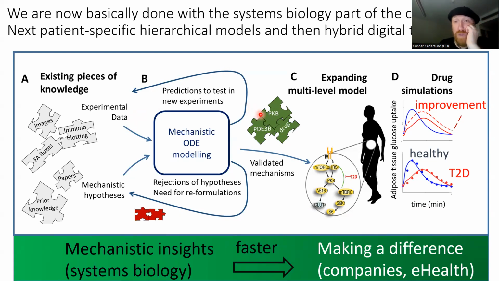What we'll do now in block 3 is to assemble the digital twin. We'll learn how to do hierarchical models, putting different submodels together into a multi-level model, and how to make the model personalized using nonlinear mixed effect models. We already mentioned this a little bit, but now we'll spend almost a whole week on that.